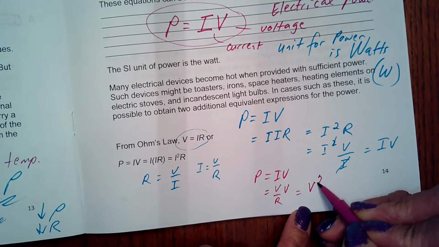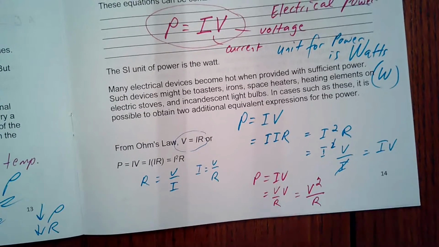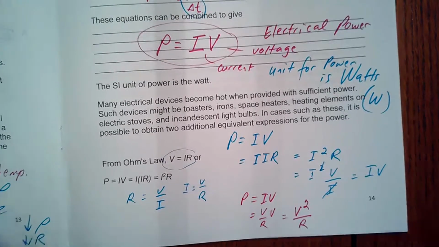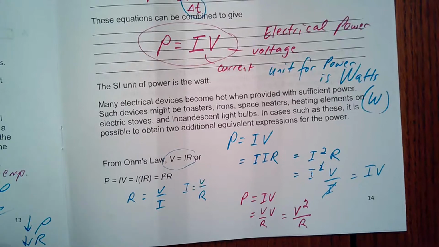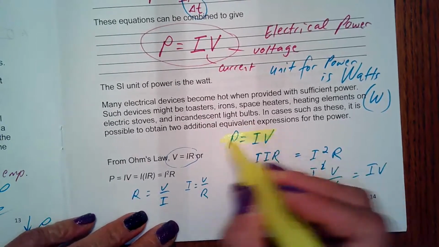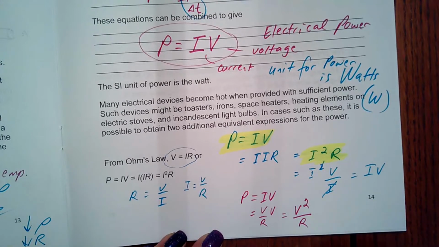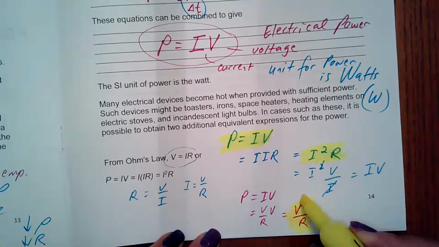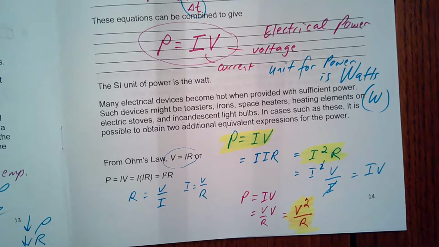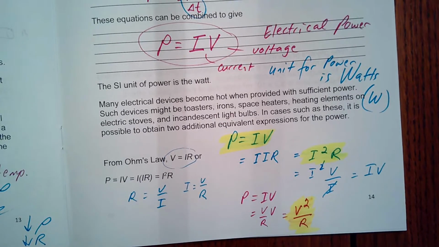And then you have V squared over R. So we've just derived different ways to solve for power. P equals IV, but P is also I squared R, and P is also V squared over R. So we've just used Ohm's law to derive different ways that we can solve for power.